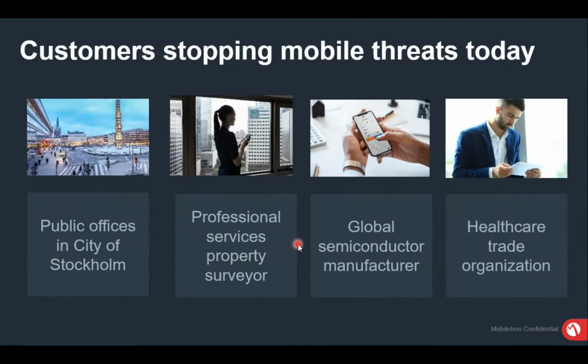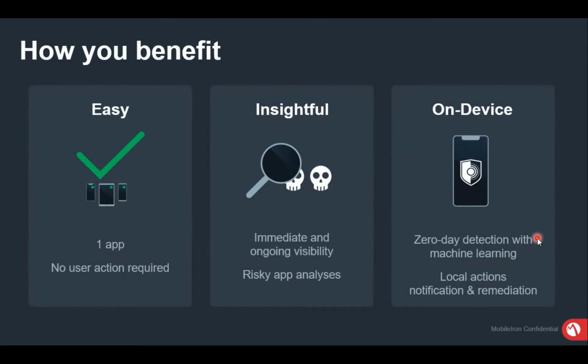These are again typical customer examples: a public office in the city of Stockholm, a professional services property in the United States, a global semiconductor manufacturer, and a health trade organization. The benefits: it's easy to deploy as a single app, there is nothing much to configure, and you have immediate and ongoing visibility. You'll have a risky app analysis.